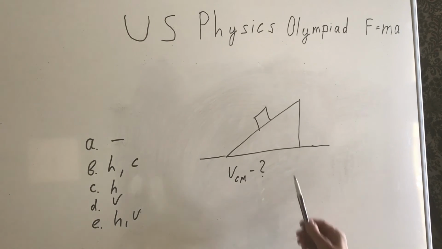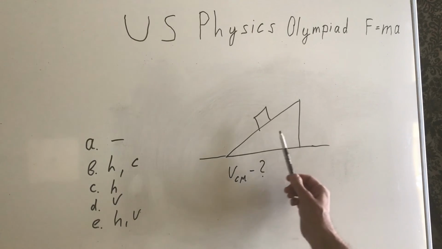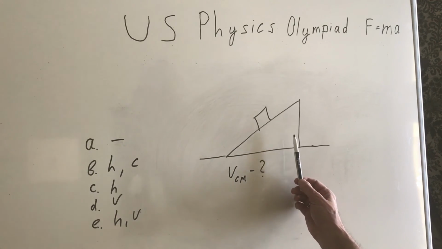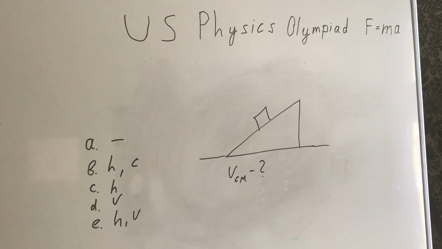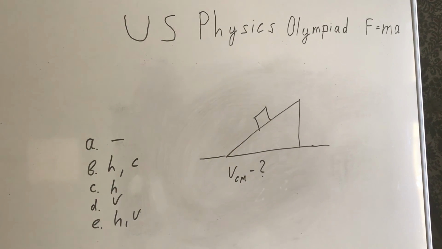Next, because we have motion, it means that this block is moving to the left and this wedge is moving to the right. It means that the center of mass of this wedge is not moving vertically, but the block will move vertically.